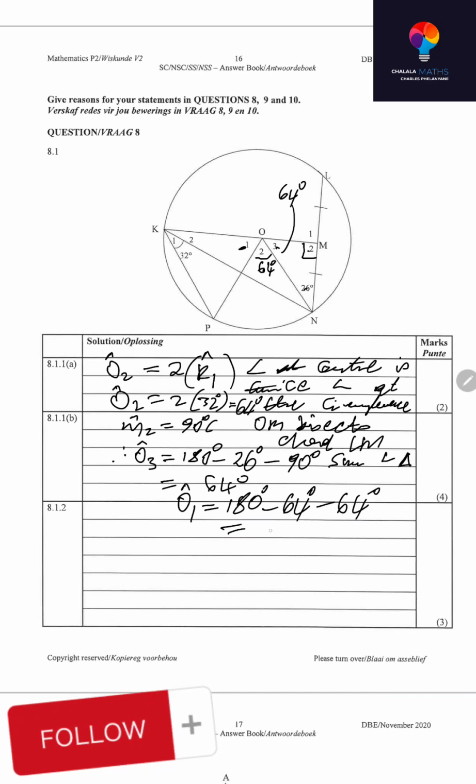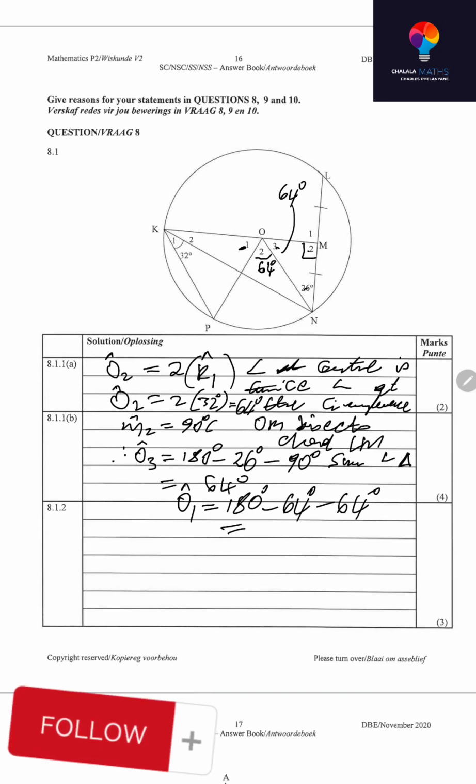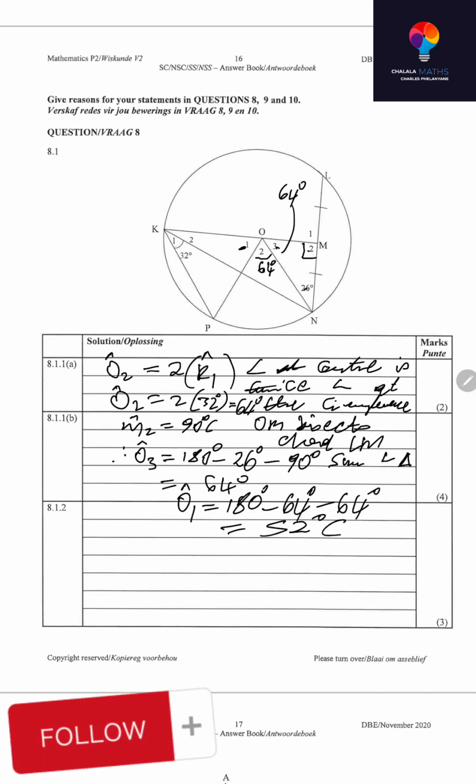Then O1 will give us, let's work it out, 180 degrees minus 64 minus 64. It's going to give us 52 degrees. Hence the answer cost us 4 marks.